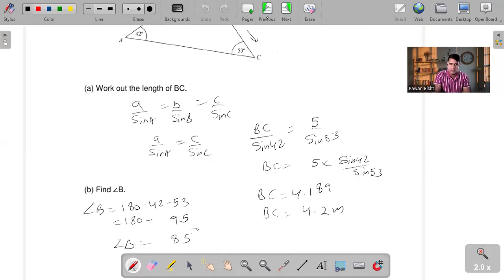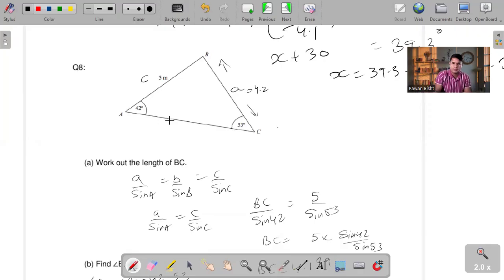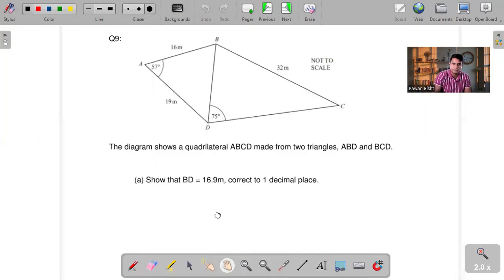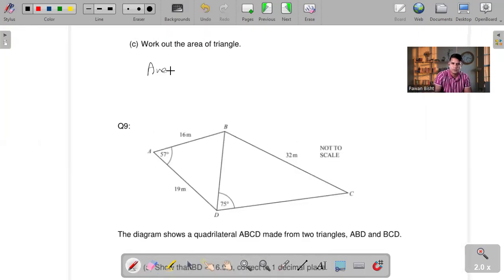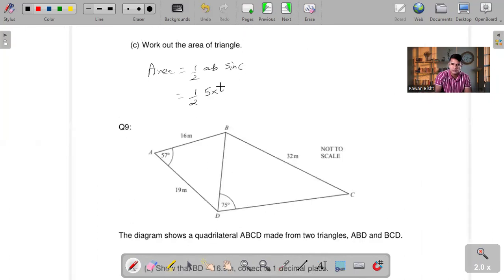Next, they ask to work out the area of the triangle. We already calculated this side A as 4.2, okay? And this angle B we calculated as 85. So we apply the area of triangle formula. What is the area of triangle formula if you remember? Half AB sine C, where A and B are the adjacent sides and C is the angle between them. So these two are my adjacent sides. 5 times 4.2 and sine 85.